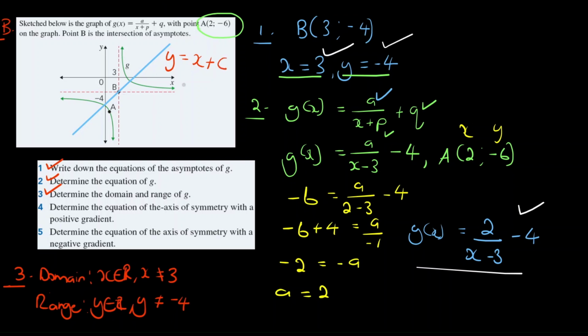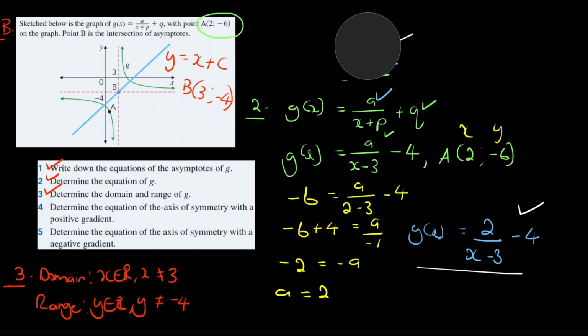We know what point B is. Point B is (3; -4). So we can go ahead and find the equation of the axis of symmetry.